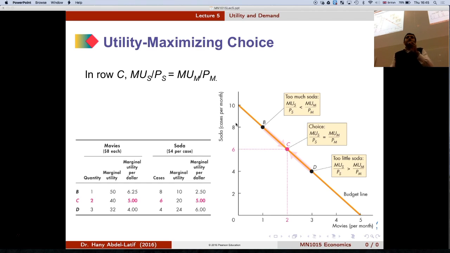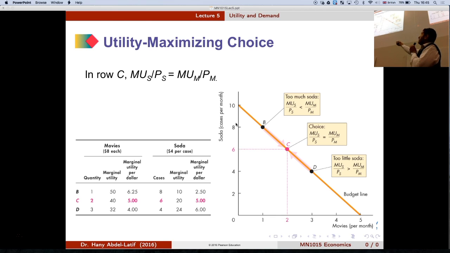If you look at point B, the marginal utility per dollar for soda is less than the marginal utility per dollar for movies. So that means she needs to buy more movies and less soda. Why? You see, we moved on her budget line, we moved downward.